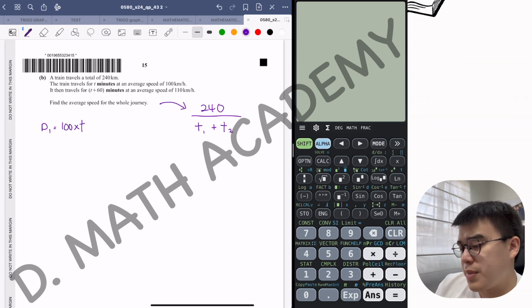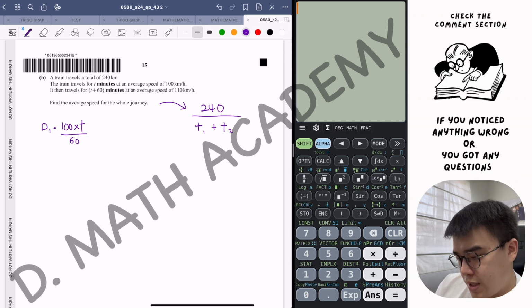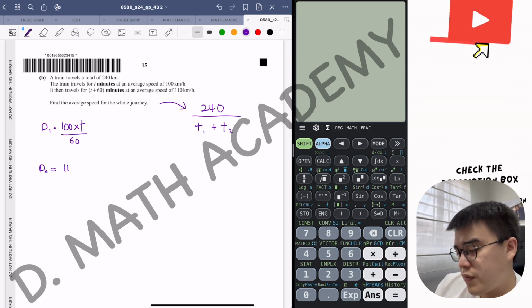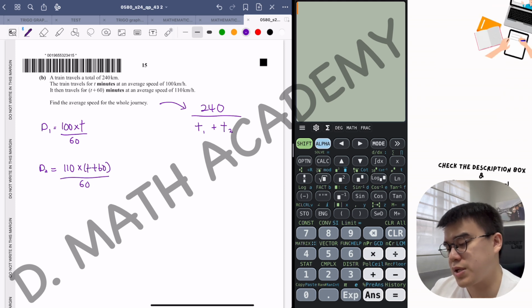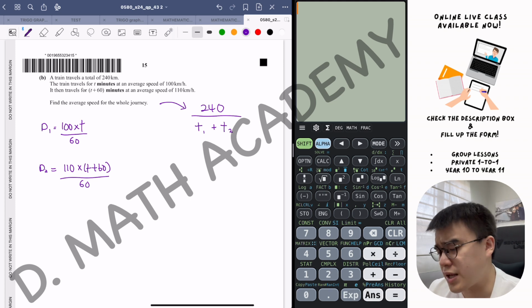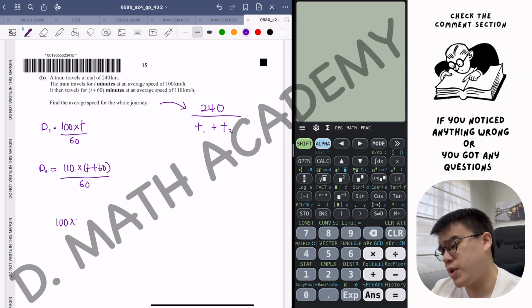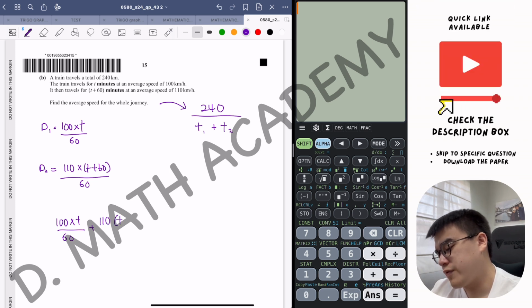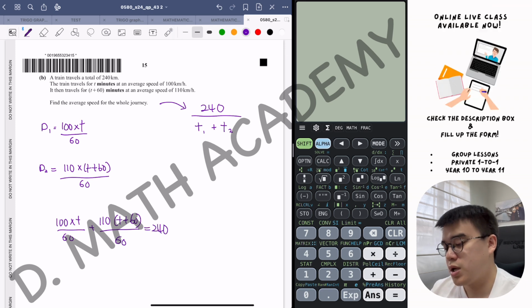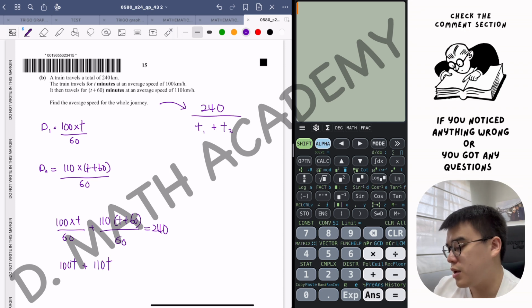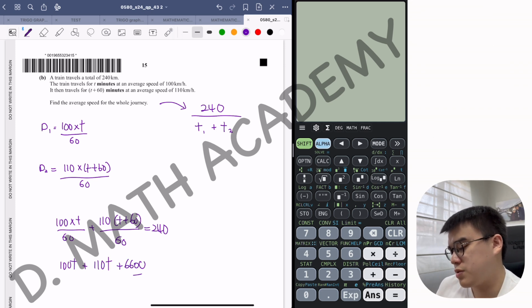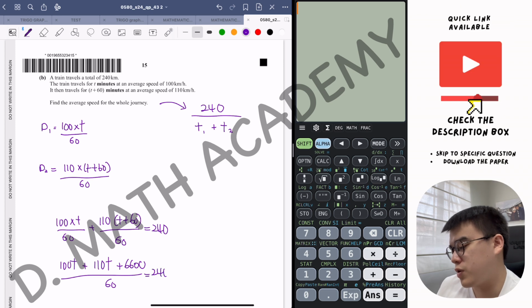Okay, but the T is in minute form, so it needs to be divided by 60. And the D2, however, is 110 times T plus 60, and again will be divided by 60. Okay, so these are the first things that I created here. And then you may move on to add them up because the final answer of this should result in 240. Okay, so 100T plus 110T plus 6600 over 60 equals 240.